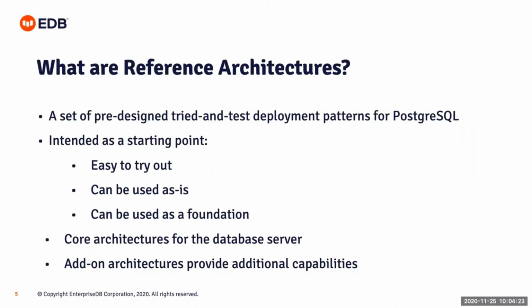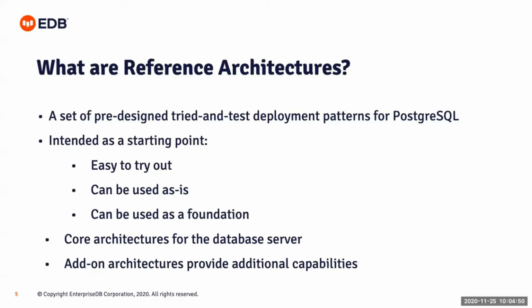The ones that are available on GitHub, which there will be a link to later on, are ones that have been tried and tested and are easy to understand, easy to try out, and can be used as the foundation for your application architecture and your database architecture.